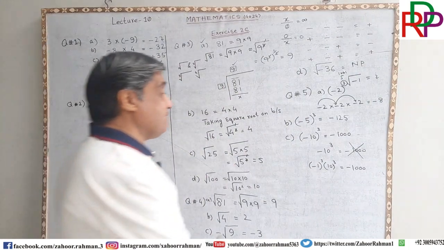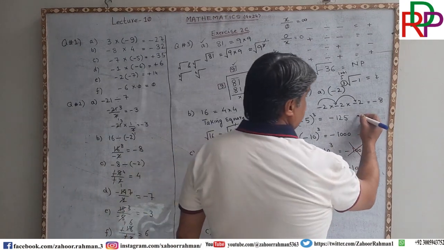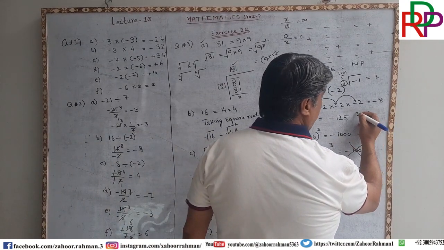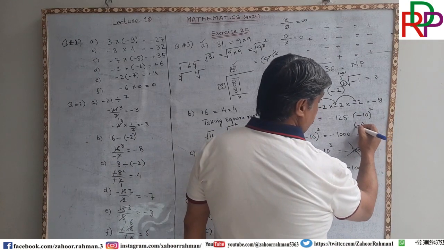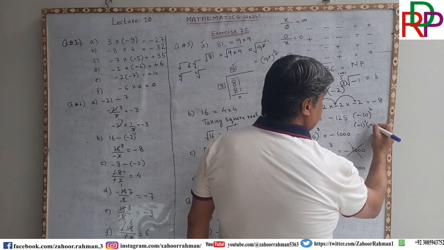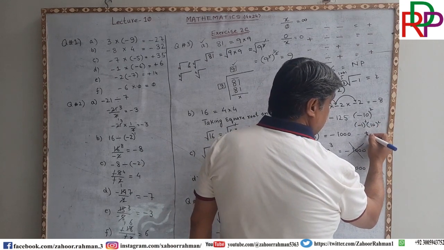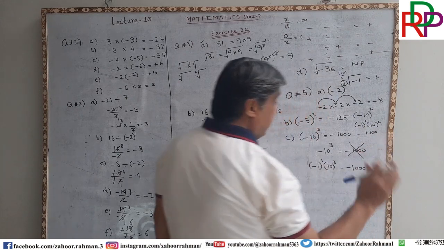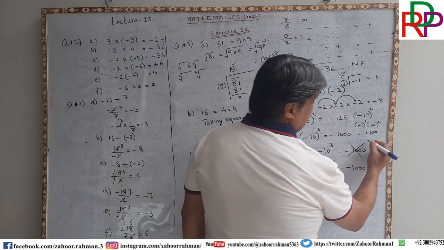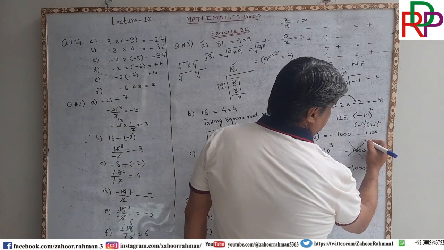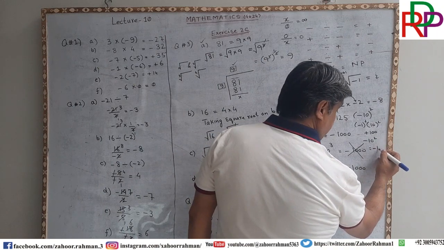In this case, both the answers are the same. But if there is minus 10 whole square, it means minus 1 square and 10 square, so it will become positive 100. But what I actually mean is that minus 10 square is equal to minus 100.